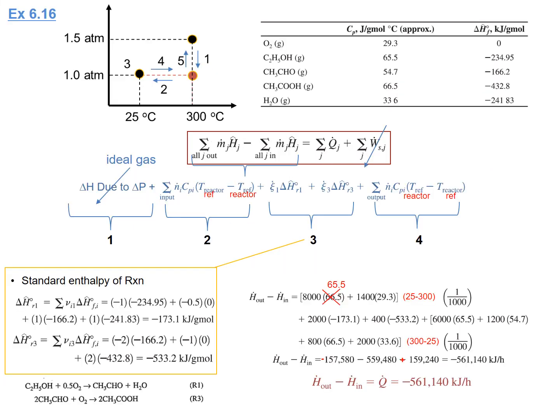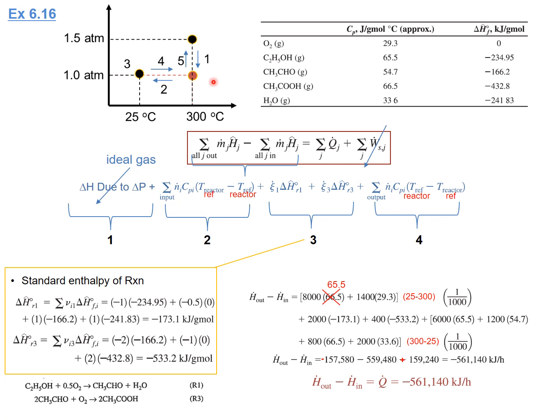Okay, then I'd like to calculate each term of the energy balance equation. Enthalpy output minus enthalpy input is equal to Q. So finally, we will calculate the value of Q. Here is the scheme for the calculation pathway, and I will follow it.